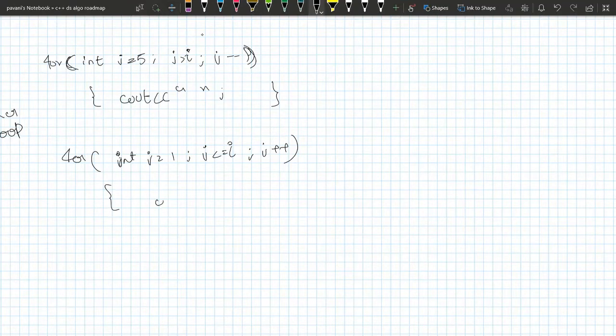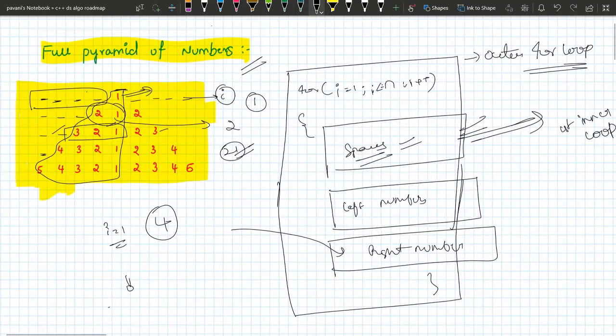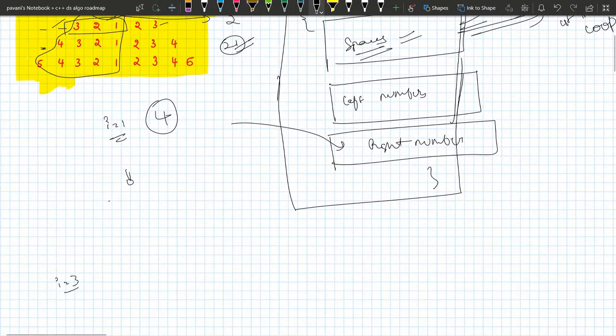And then, how are the numbers printed? For i equal to 3, they are printed like 3 to 1.